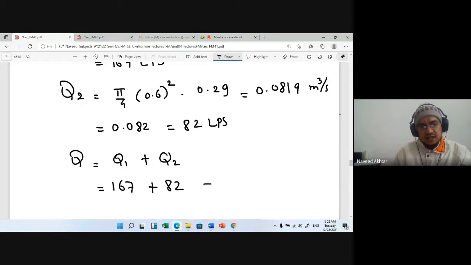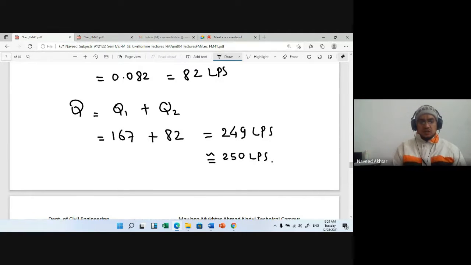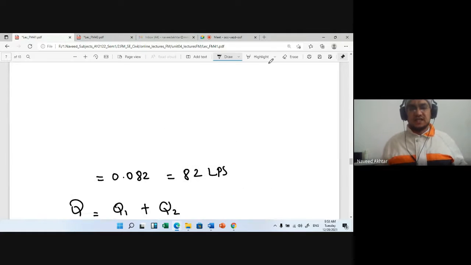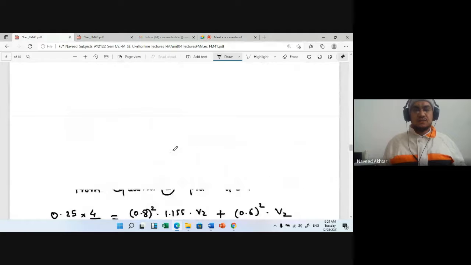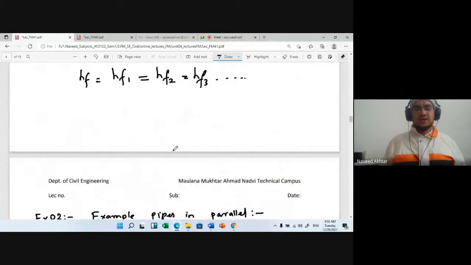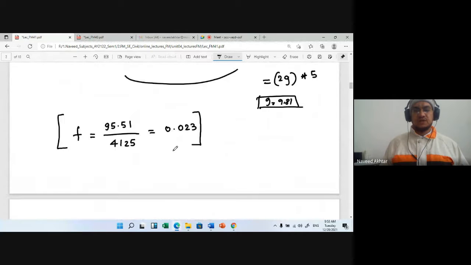If you add, it comes to 249 liter per second, which is approximately equal to 250 liter per second, as given. So when the pipes are in parallel, you have to solve the example like this, and these are very simple examples. One or two more examples, where we change the values, diameter or length of the pipe, then we can solve different types of examples based on this.